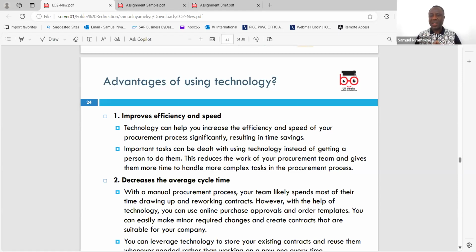Because those times where you have to type all the requirements one by one into the Excel, now there are systems where you can just import to the software, and it will just give you, at the press of a button, what are all the open orders, the orders that we have with suppliers that are coming due.